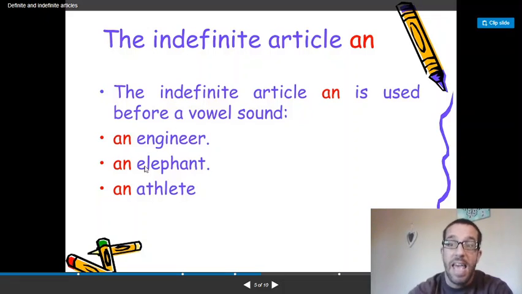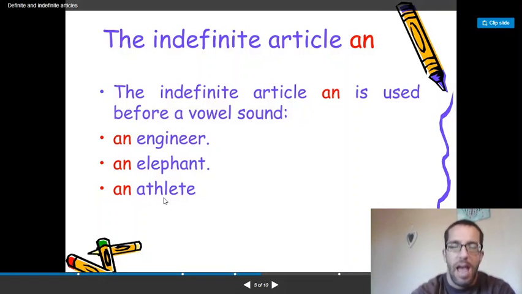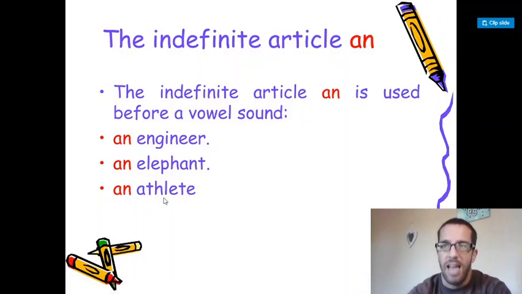We don't say a elephant, we say an elephant. And my last example there, athlete. We don't say a athlete, we say an athlete. I'm sure that you can think of other examples of nouns that start with a vowel sound where you would use an and not a.